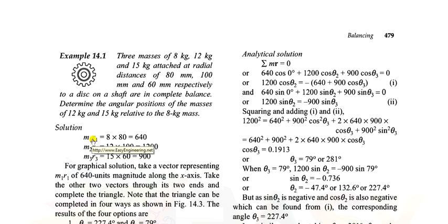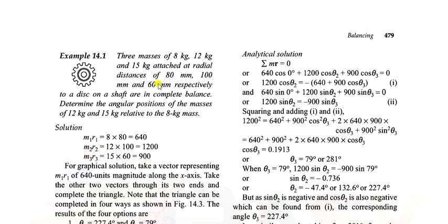As we have seen, the force should be equal to 0, and if the force is 0, the omega will be common among all and can be cancelled out. So we finally get only the multiplication of mass and radial distance. Okay, so m1 r1 is 640, m2 r2 is 1200 and m3 r3 is 900.